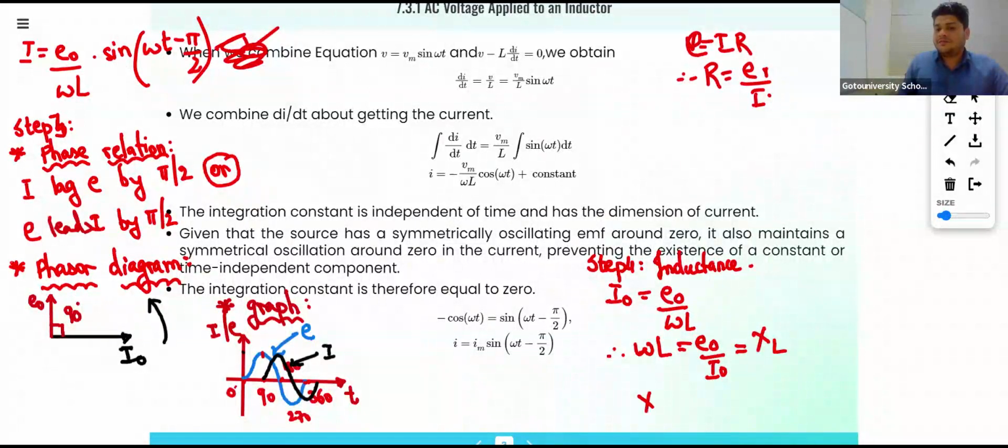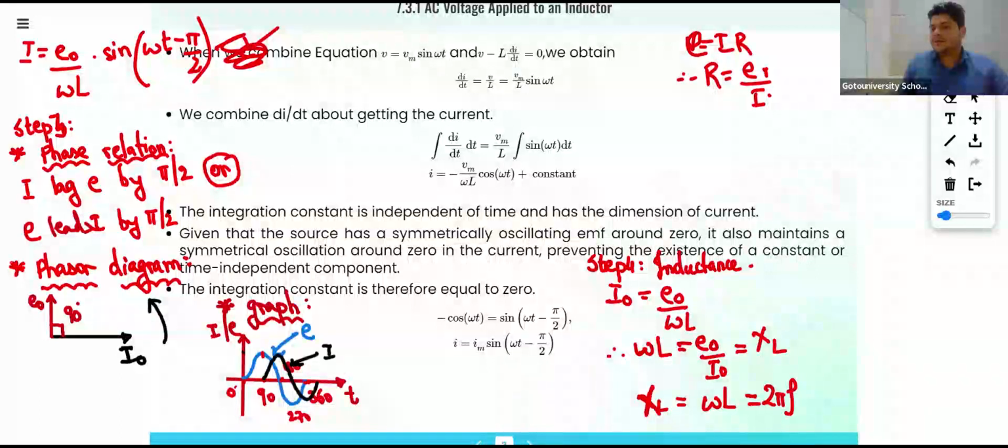What is XL? Inductive reactance. This ratio is known as inductive reactance, and you can term it as omega L. And we know what omega is.